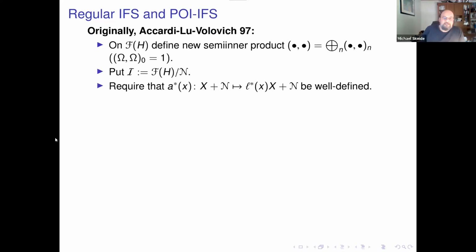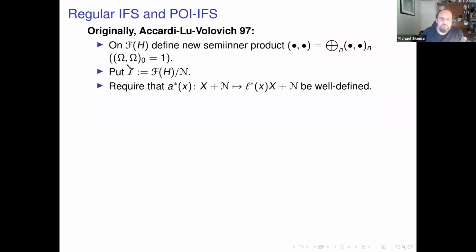So let us look at the subclass of interacting Fock spaces, so-called regular interacting Fock spaces, or POI, positive operator-induced interacting Fock spaces. We go one step back in the history and go to the first definition of interacting Fock space, which is more or less the following, by Accardi, Liu, and Wolovich. On the algebraic full Fock space, define a new semi-inner product.